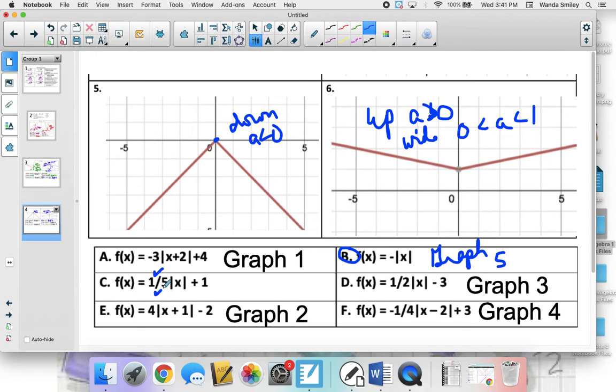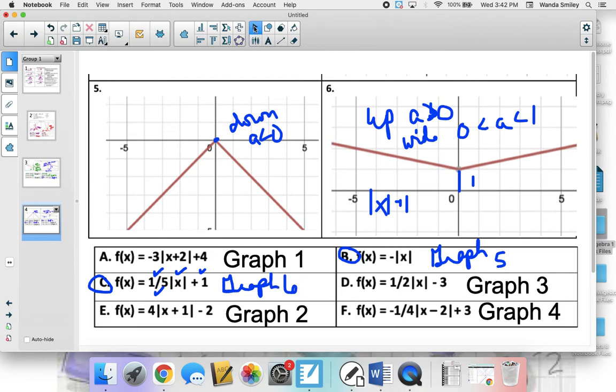That also has to do with the 1/5. It goes straight up 1, but it doesn't shift any back and forth. So I'd have the absolute value of x, then up means plus 1. And there's my x, and there's my plus 1. So it'd have to be C. So that's graph 6.